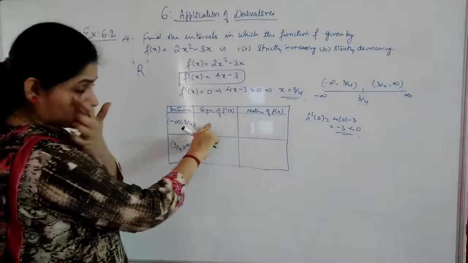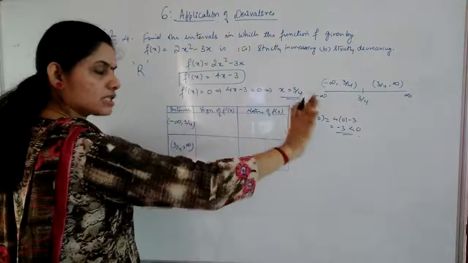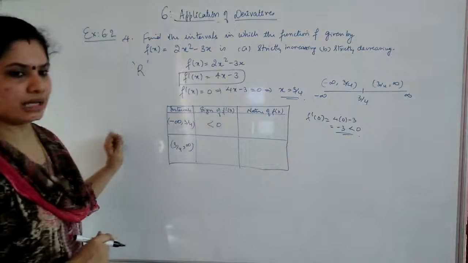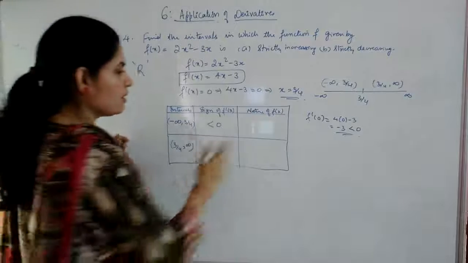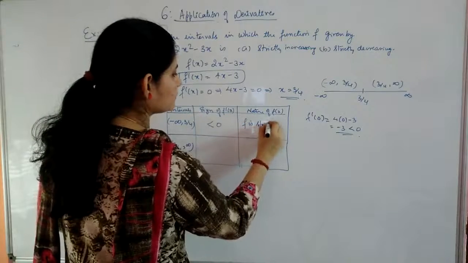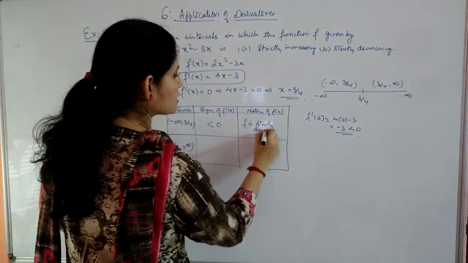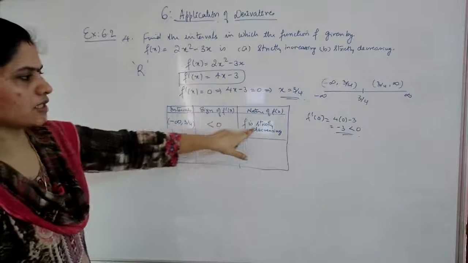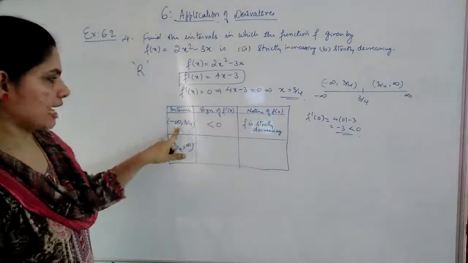You should not mention the point at which you have checked; just check it roughly and mention that it is giving a negative sign, that means it is less than 0. So f is strictly decreasing. If the derivative sign is less than 0, the function is strictly decreasing in that interval.